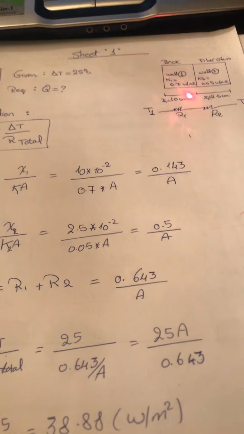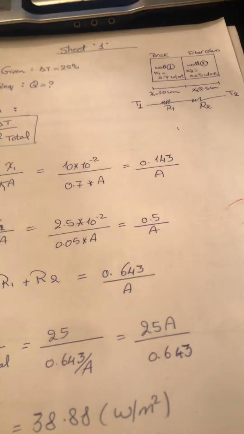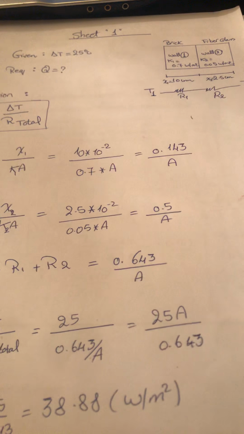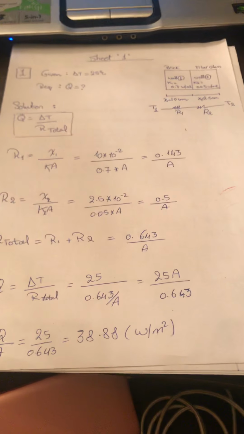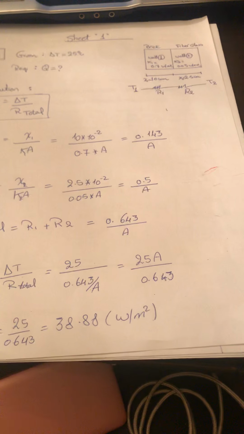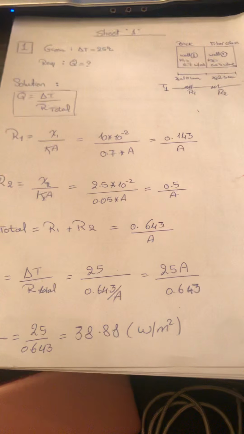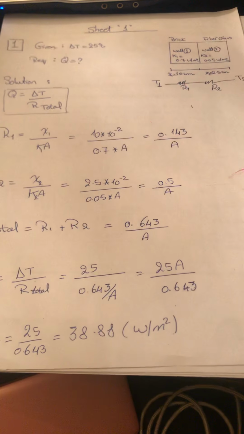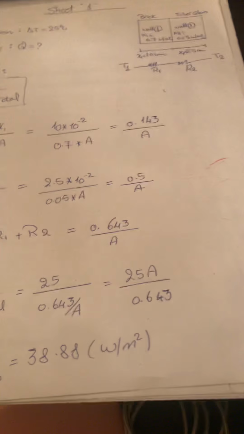Here for the resistance, are the two walls in series or in parallel? They are in series, so R total will be R1 plus R2. If you go through the solution, you will find it is a direct substitution for the givens. Before we substitute, the centimeters must be converted to meters, so multiply by 10 power negative 2.